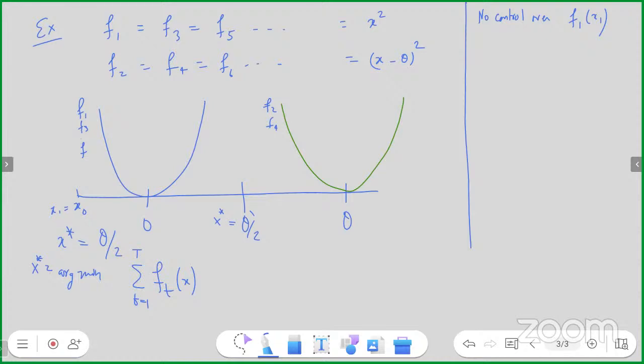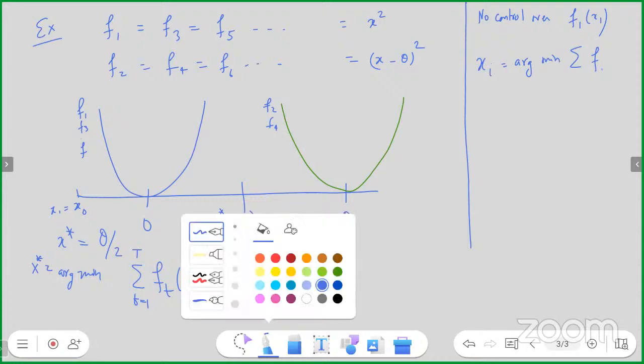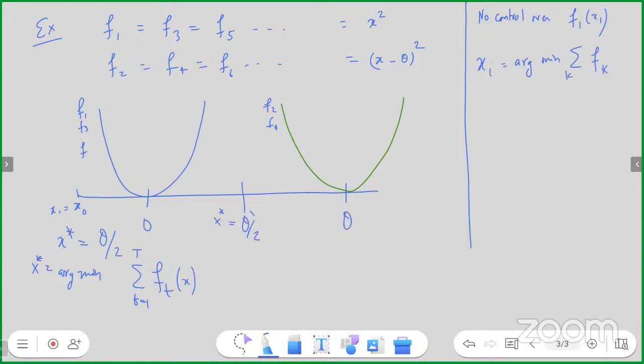So xn is the argument of summation e from 1 by 1. Right?